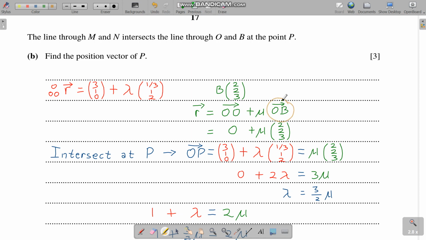And for the direction, we can use OB, which is the coordinates of B basically. Okay, so this is the line equation through O and B.